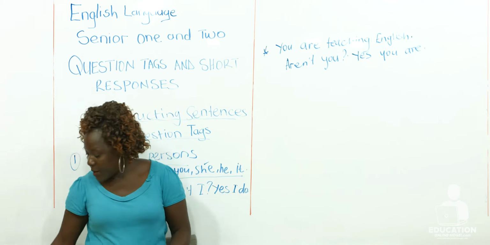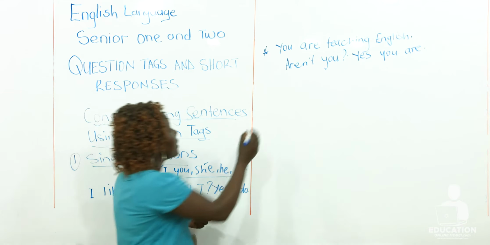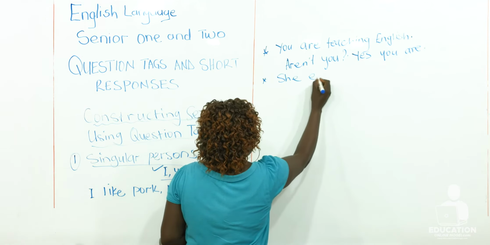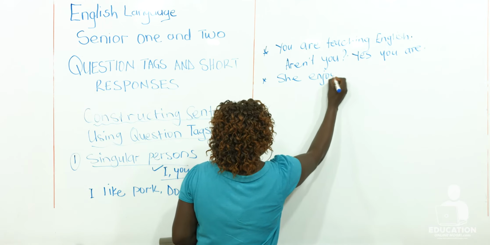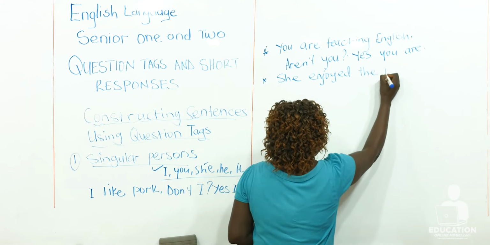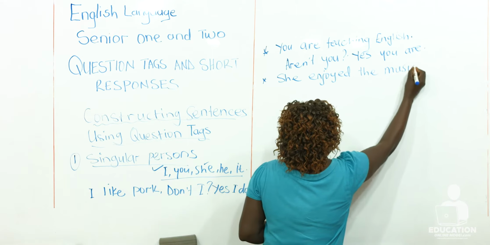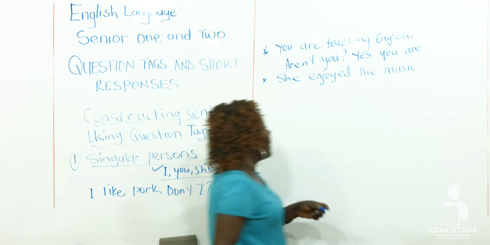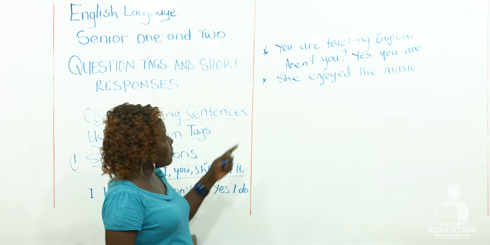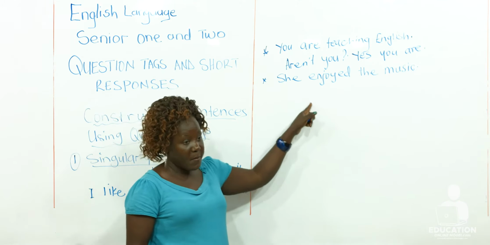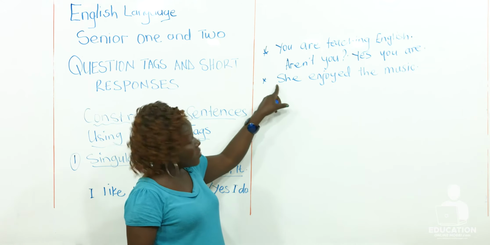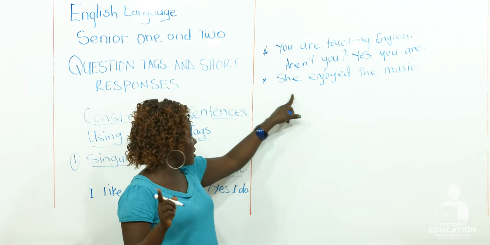So we will come down and say, "She enjoyed the music." It is still a positive statement, but still let us see how we will use "she", which is a singular third person in this case.